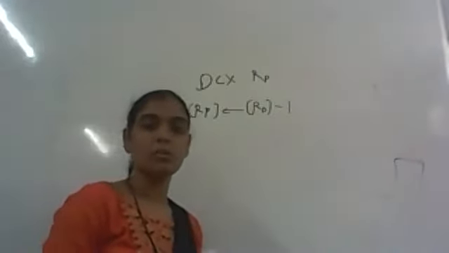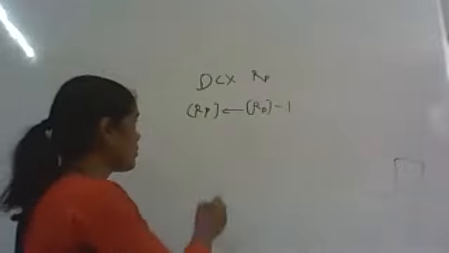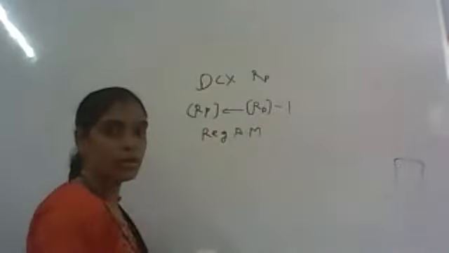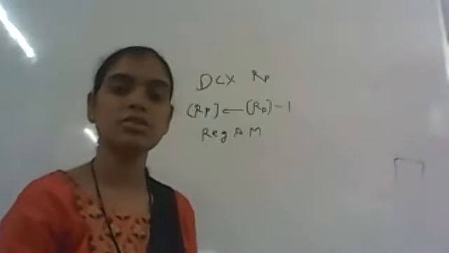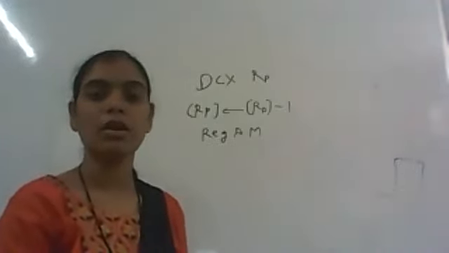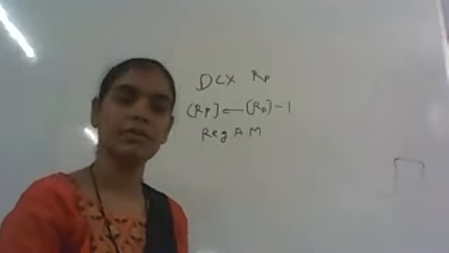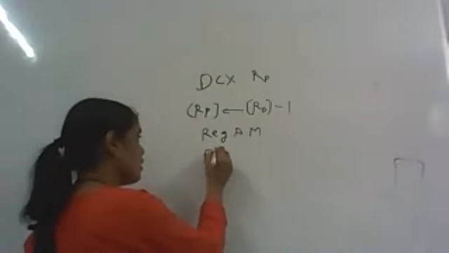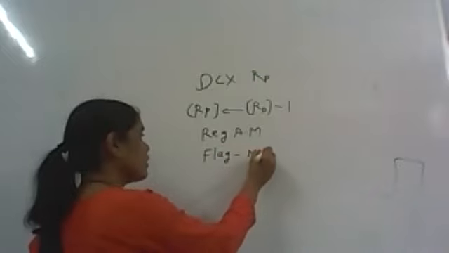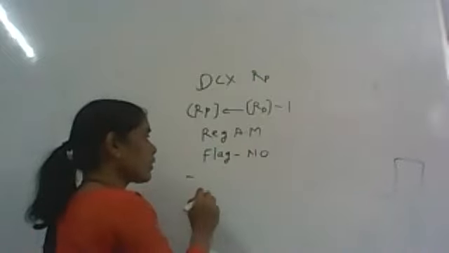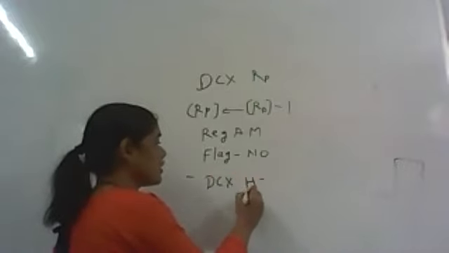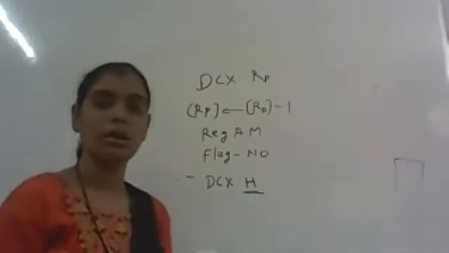It is a 1-byte instruction, and register addressing mode is used here. Using this instruction, no flag is affected. For example, DCX H, that means the HL register pair.